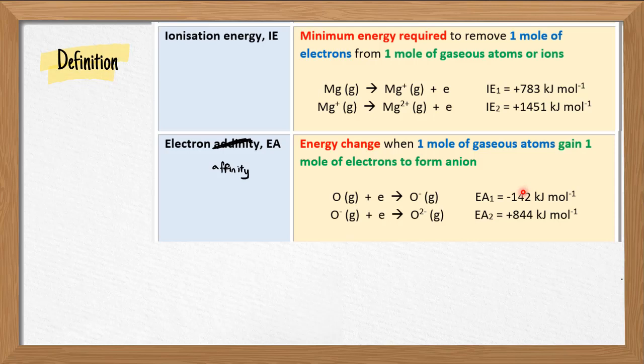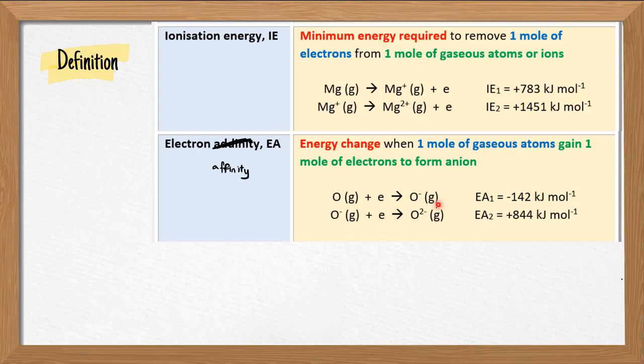For the first one, energy release when one mole of gaseous atom gains one mole of electrons to form an ion. Our focus will be one mole of gaseous atom, the reactant here. And the second, EA2, the energy required for the gaseous ion to gain one mole of electrons to form an ion.